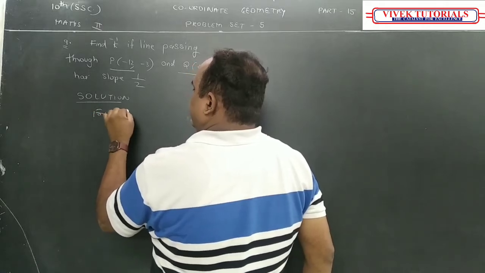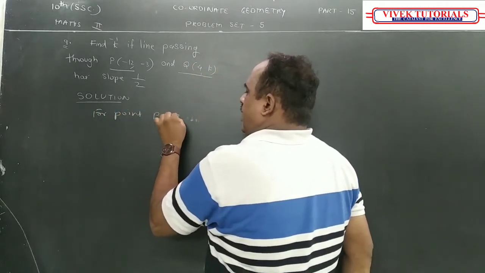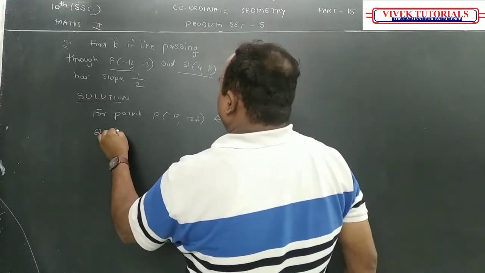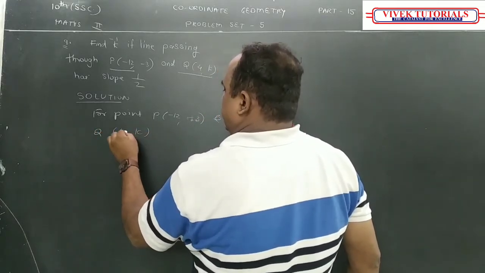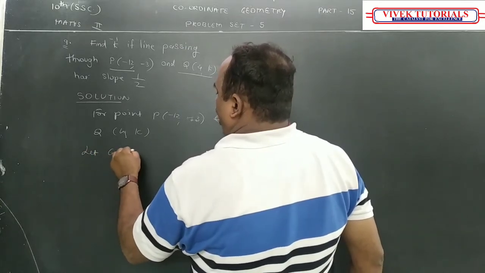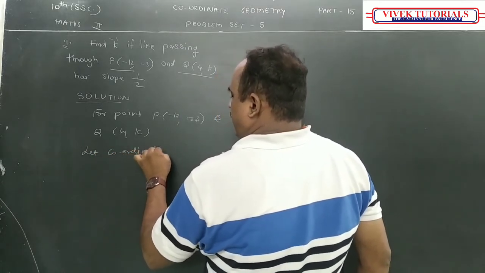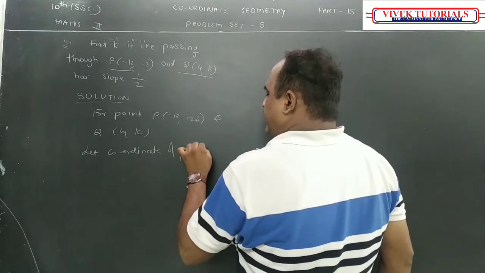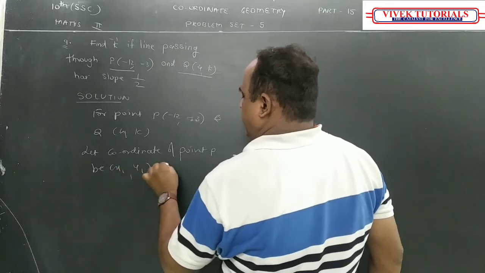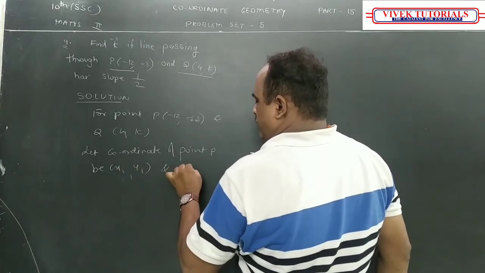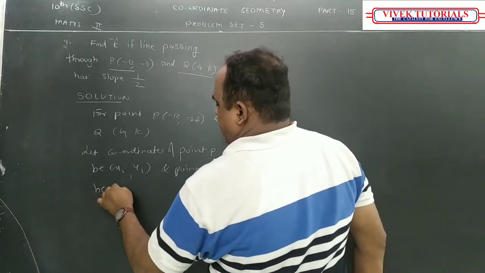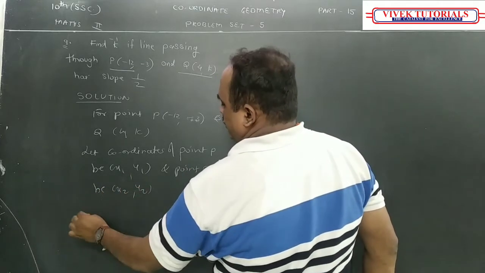For points P (minus 12, minus 3) and Q (4, k), let the coordinates of point P be (x1, y1) and point Q be (x2, y2).